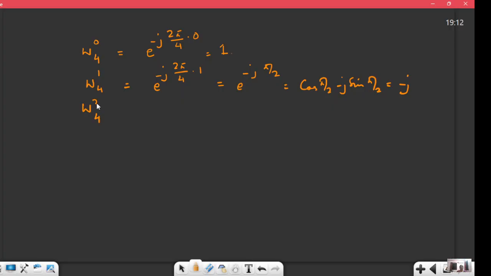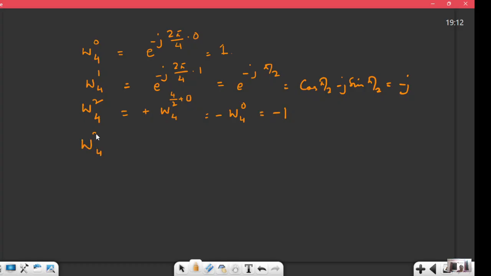W4^2 can be reduced by the property. So W4^2 is represented by 4 by 2 plus 0. So this is minus W4^0, which is equal to minus 1.